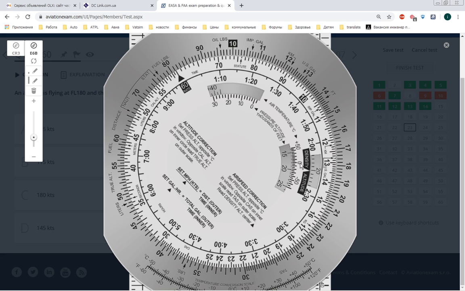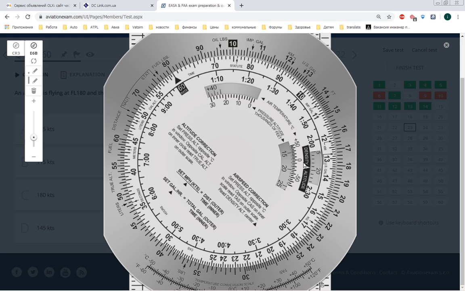So okay, now we need to put here -30 degrees. Don't forget there is a plus sign and here is minus. So we need to change this value to -30.